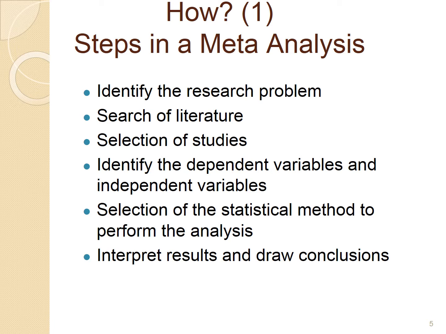And we identify our dependent and independent variables. And then we select a statistical method to perform our analysis. And then we actually perform the meta-analysis. And then we interpret the results and draw conclusions on the meta-analysis.